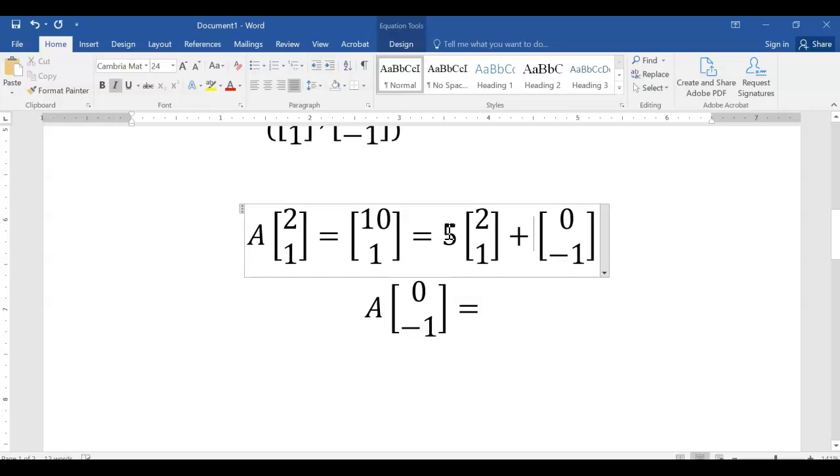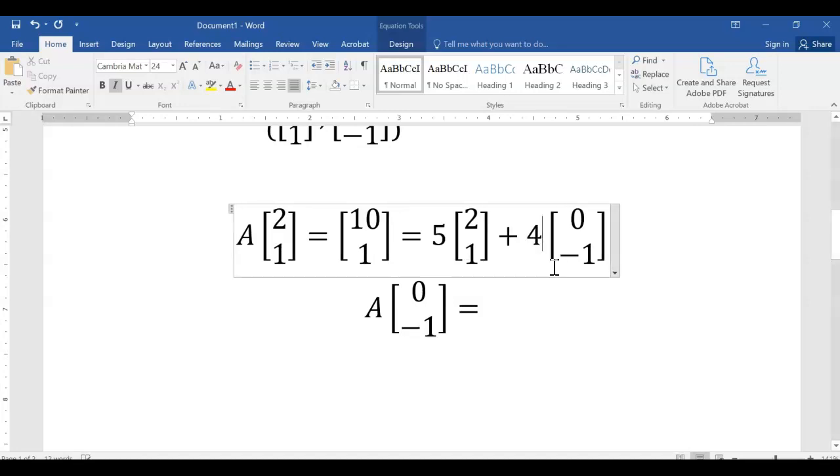And if the 2, 1 is multiplied by a 5, 5 times 1, I need this to be multiplied by a 4.